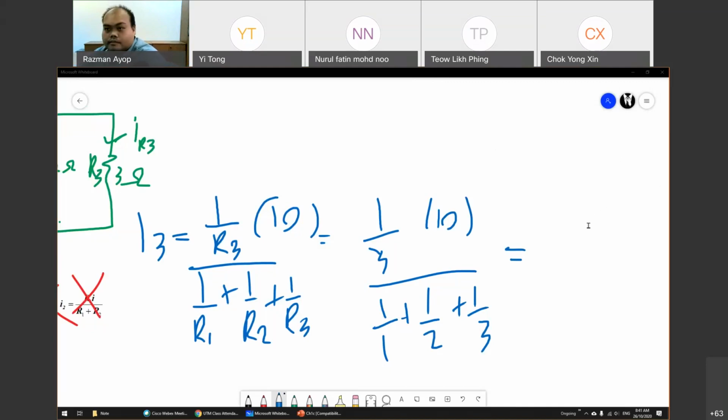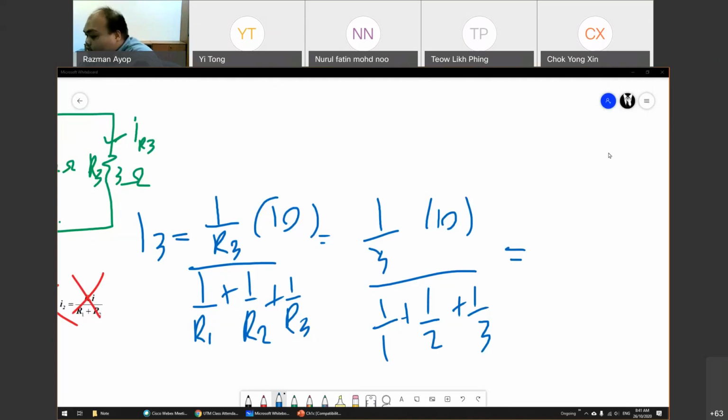Because it is 1 over 3, you just use this x minus 1 symbol, you get the reciprocal, multiply by 10, divide by, don't forget the bracket.